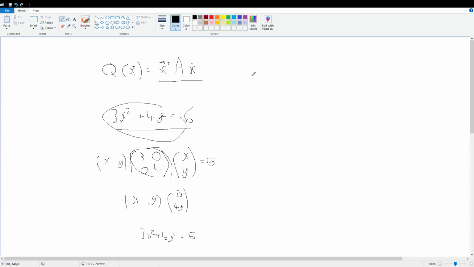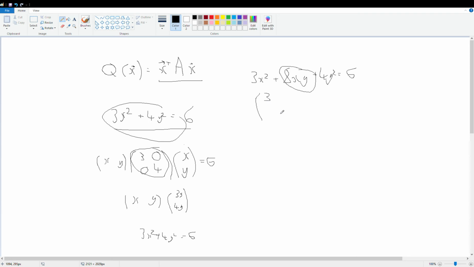But you might ask, well, what about 3x squared plus, I don't know, 8xy plus 4y squared? Good question, before you even asked it. Yes, we can do that.